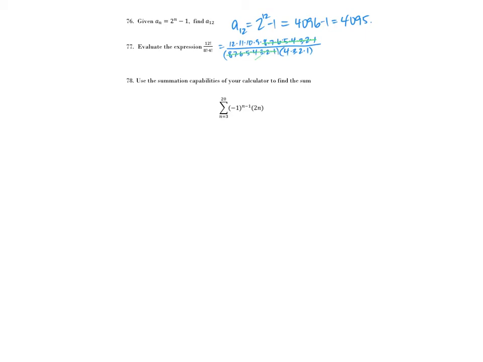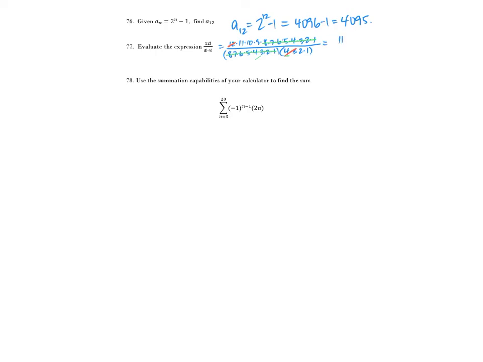And then I have 4 times 3 times 2 times 1 in the denominator. So 4 times 3 makes 12, and that cancels the 12 on top.